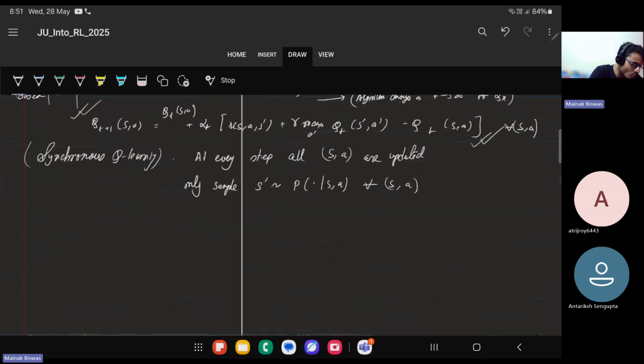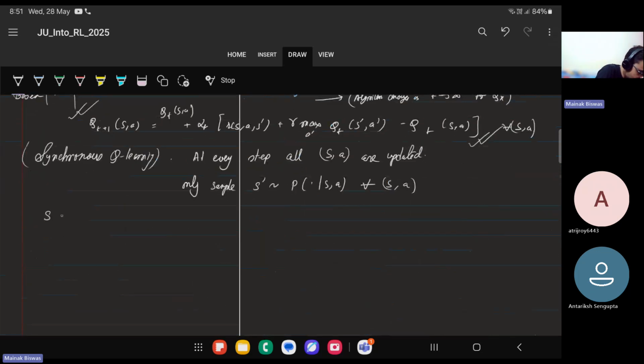Rather, I'll use a different notation. So say the state space S is 1, 2, 3, up to n.